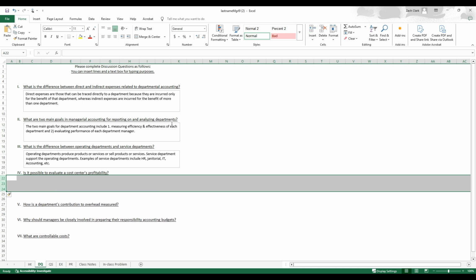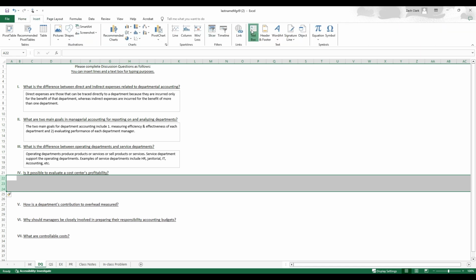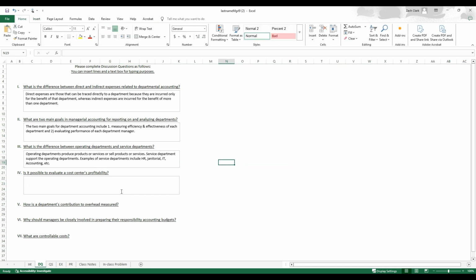Okay, let's get a little space here. Is it possible to evaluate a cost center's profitability? This one's a little interesting.